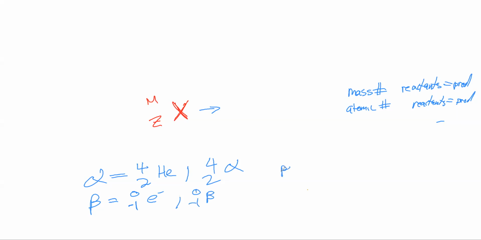From there, the other thing that we have is a positron. Now, what's the difference between a positron and a proton? The positron is, I want to say, a positively charged electron. It is a positively charged electron. And so what that looks like is it has no mass, but it still has the +1.